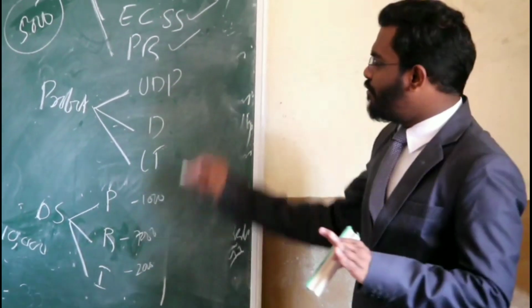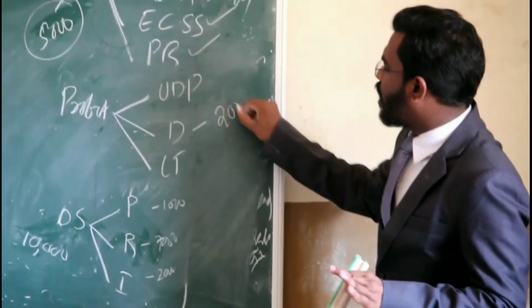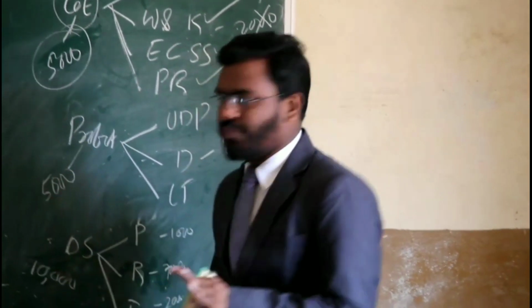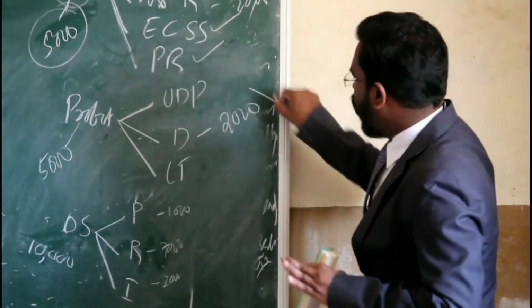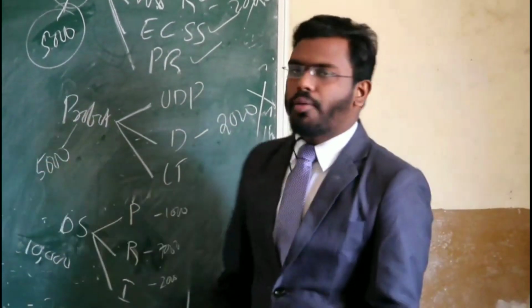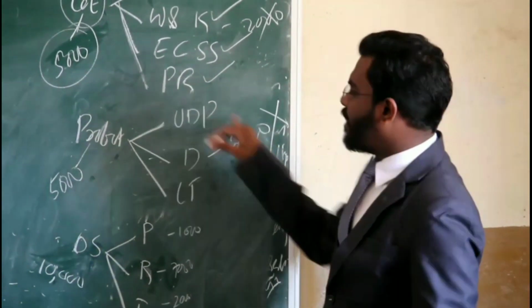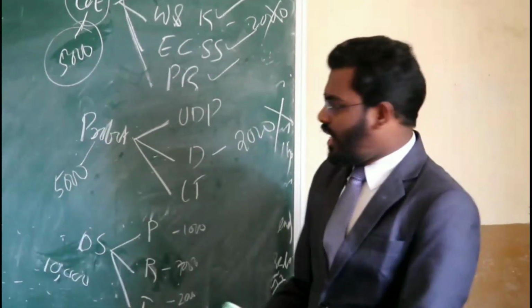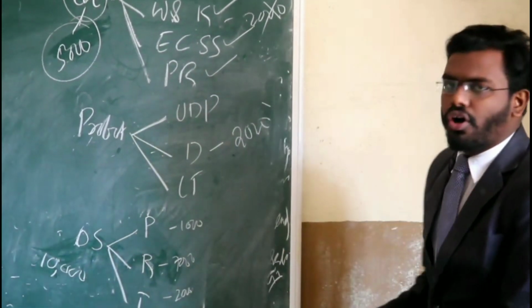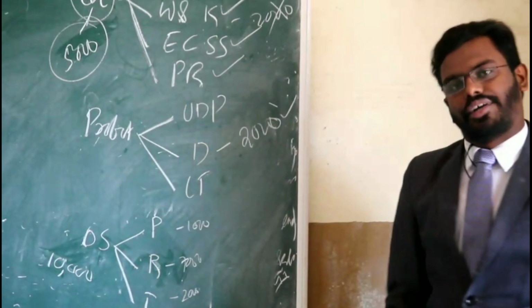If dividend is given as 2,000 and profit is given as 5,000, don't take the dividend, take only profit, because dividend is included in profit. If profit is not given and only dividend is given, then we need to take the dividend.